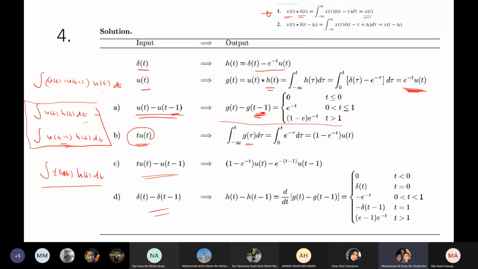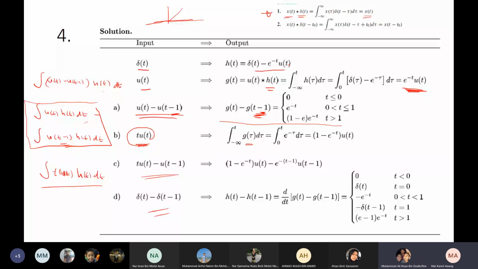This is a ramp. T u(t) is a ramp. So the input ramp goes through this system.